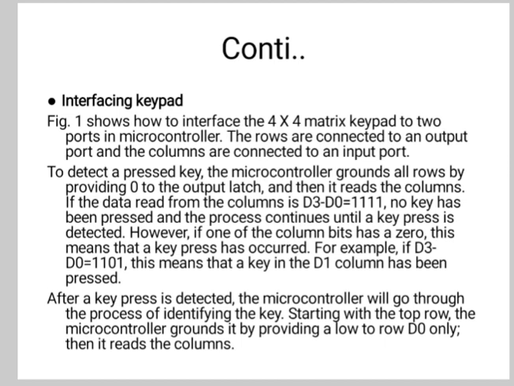However, if one of the column bits has a 0, this means that a key press has occurred. For example, if D3 to D0 is 1101, that means the key in the D1 column has been pressed.